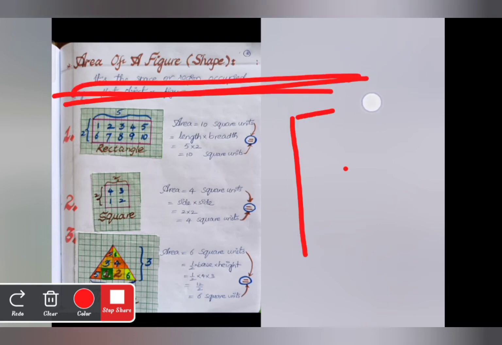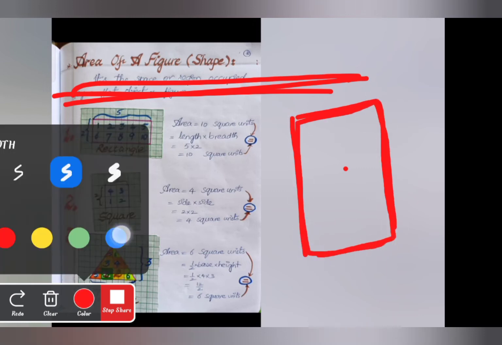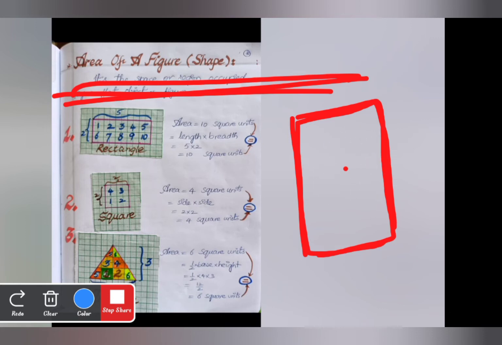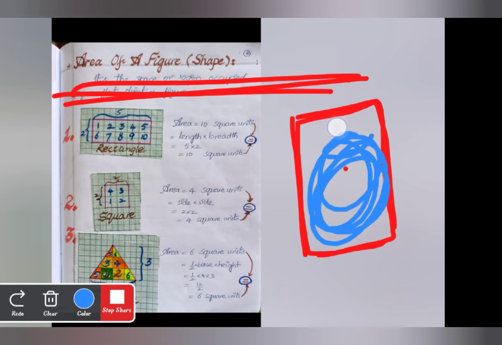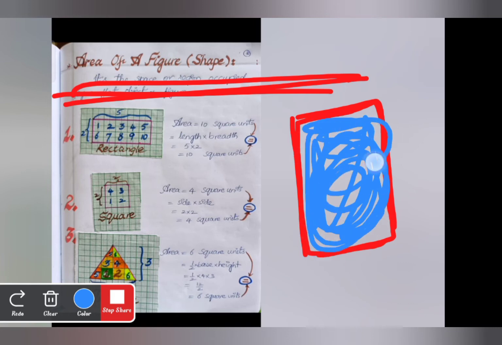For example, I am keeping here one geometry box. How much space is occupied by this geometry box will give us the area of this geometry box.